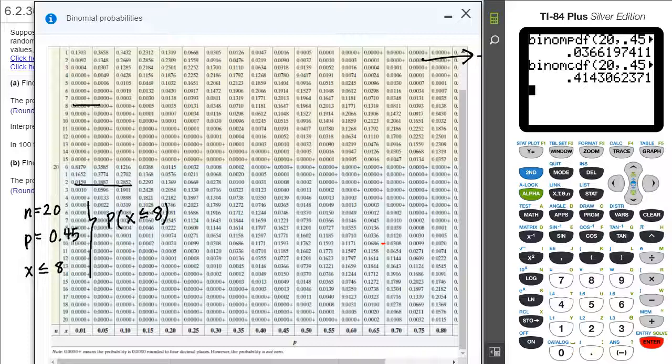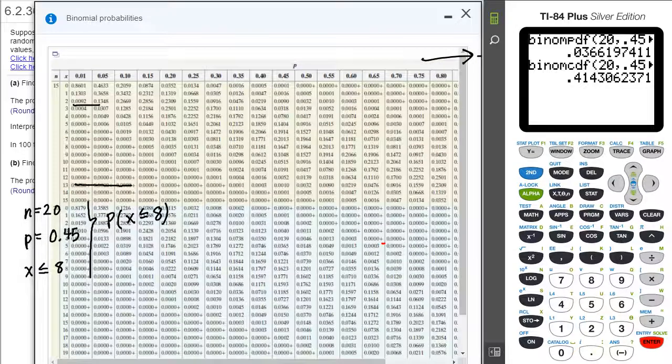We have 0.4143 on the calculator there. Our probability of success is still 0.45, so we're still in this column, and this blue sample size bit, which is right under my n equals 20. And now you want less than or equal to 8.